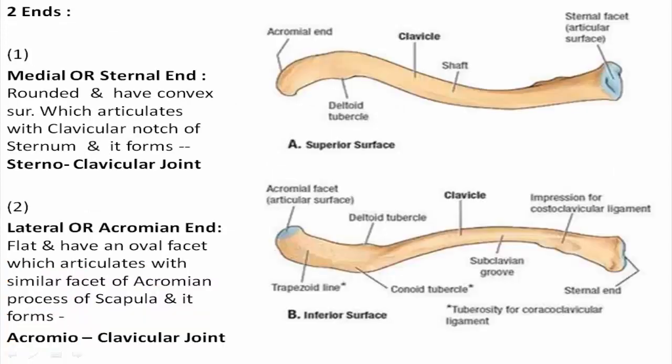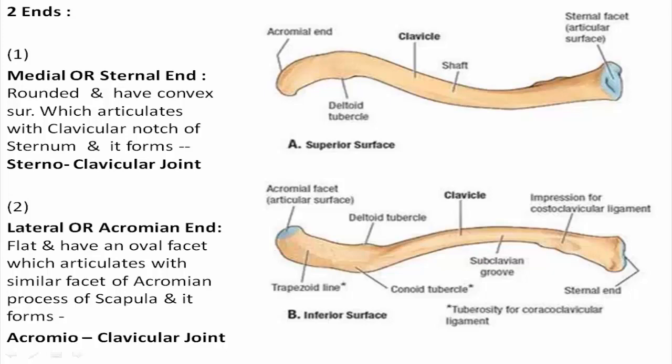Two ends of the clavicle, medial and lateral. Medial end is called sternal end. It is rounded and it has a convex surface which articulates with the clavicular notch of sternum, and it forms the sternoclavicular joint.